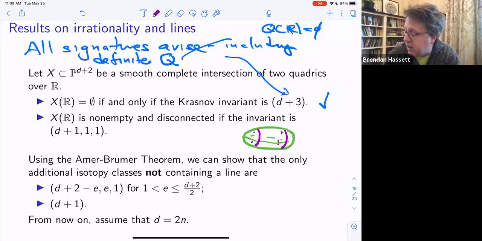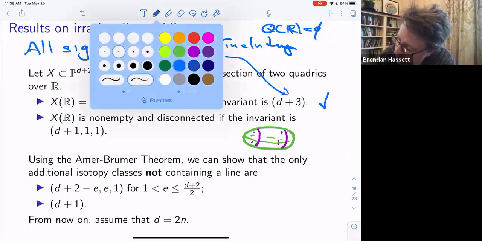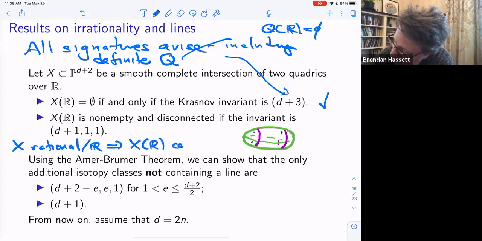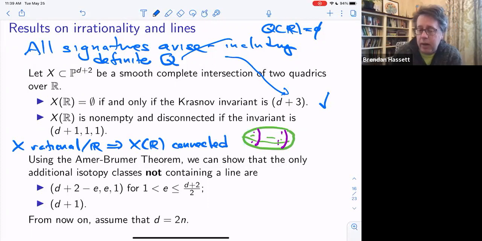And there's one distinguished case in each dimension. And I should mention that if X is rational over R, it must be the case that X_R is connected, because in real birational geometry, the connected components are in fact a birational invariant.